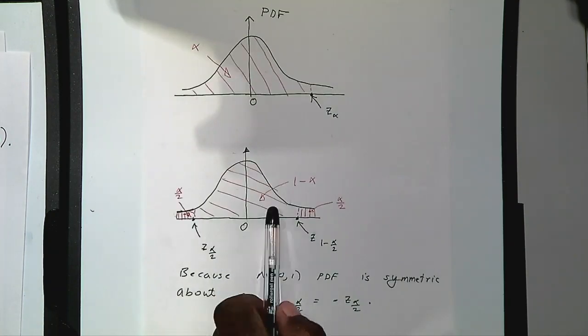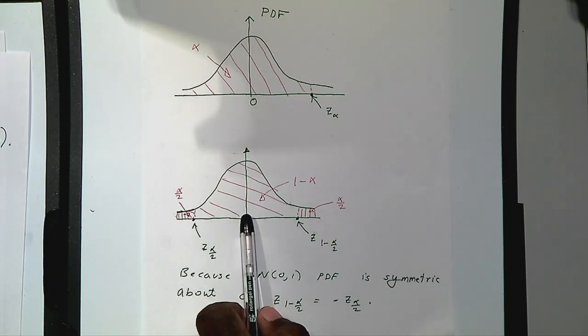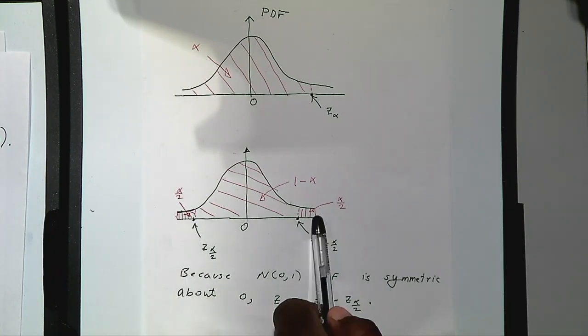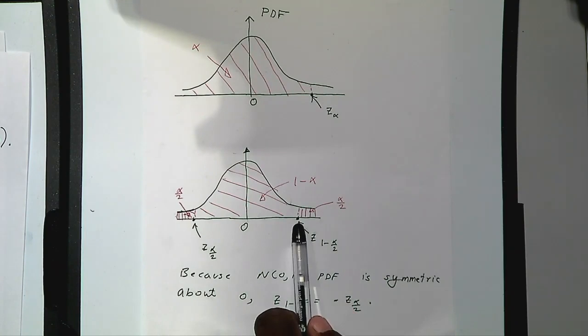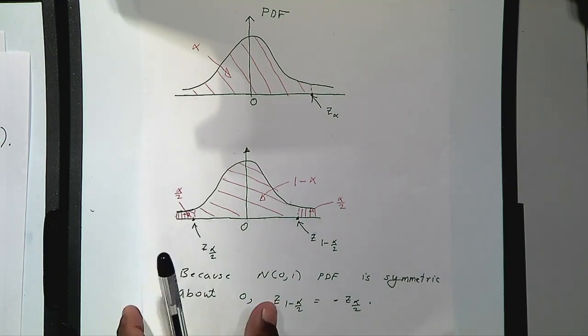Right? And in this graph, you should have an area of 1 minus alpha in the middle, alpha by 2 on the left tail, and alpha by 2 on the right tail. Then this point, by definition, is z subscript 1 minus alpha by 2. And this point, by definition, is z subscript alpha by 2. Okay? That's for the standard normal distribution.